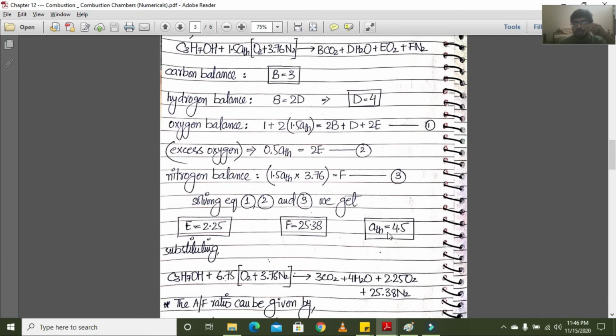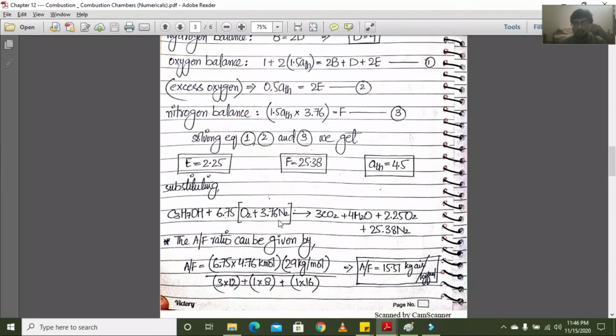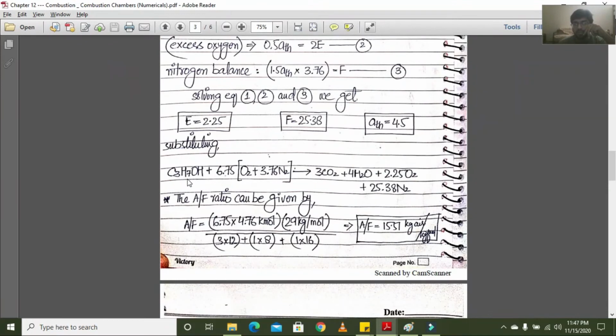Now replacing all of these unknowns in the above mentioned equation, I will get the balanced equation, and it is coming out to be C3H7OH plus 6.75 times O2 plus 3.76 times N2. Then we have 3 molecules of carbon dioxide, 4 molecules of water vapor, 2.25 molecules of excess oxygen, and 25.38 moles of nitrogen.